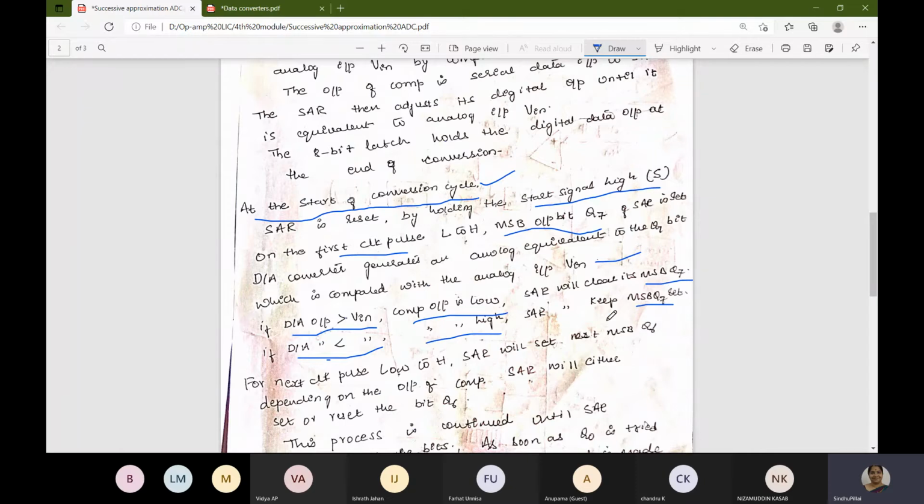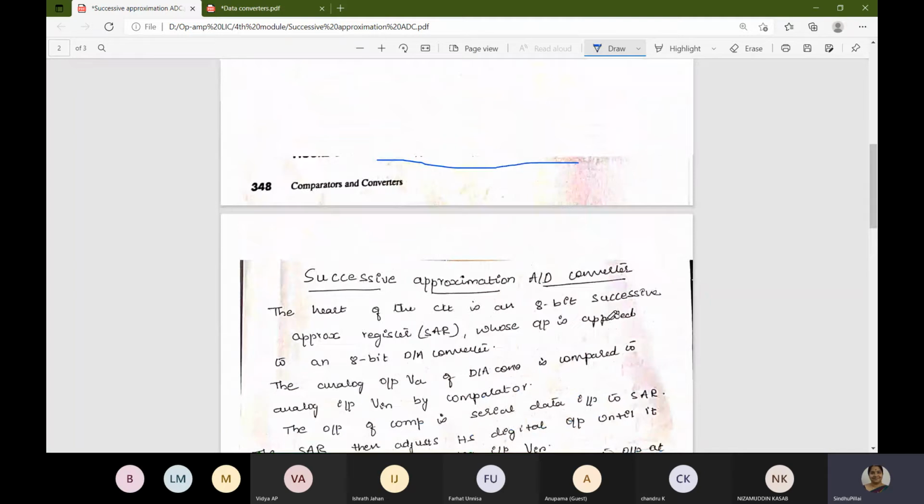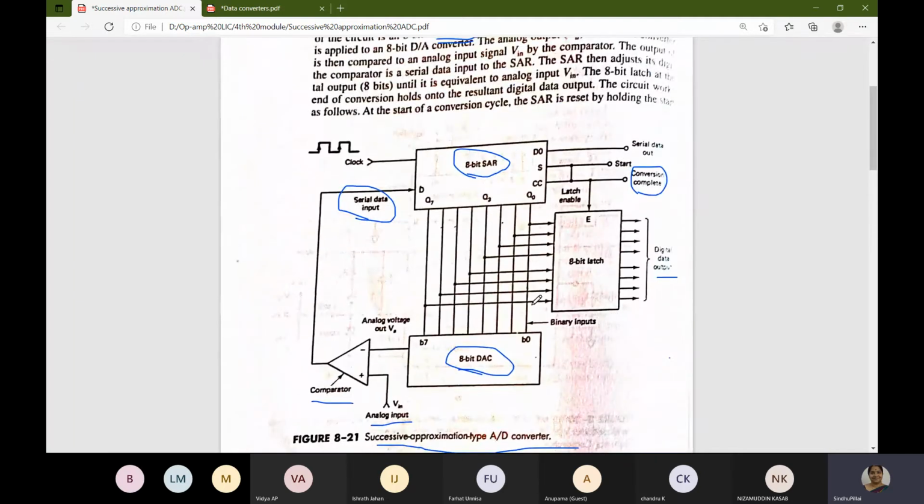So this concept I'll explain here with the figure. See here, first this Q7 bit, when the conversion cycle starts, this Q7 bit is set. That means it becomes 1. Okay, so all other bits are 0. So 1 0 0 0 you have. That is fed to the DAC. What will this DAC do? This DAC will convert whatever bits have been given to an analog signal.